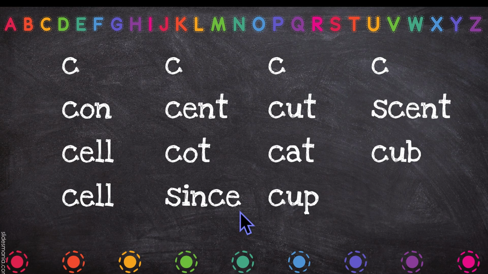Its job is only to make the C say S. Let's try that word again. S, since. Is this an E, I, or a Y? No, it is not. So we need the first sound. K, up, cup.